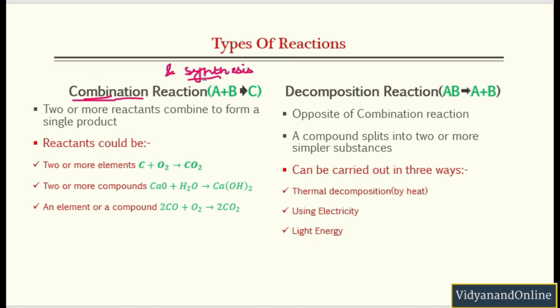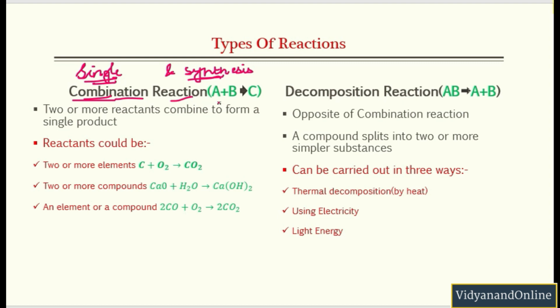Similarly, synthesis is also the production of a substance by the union of chemical elements. So in a chemical reaction we would be combining the reactants in order to form a single product. This is very important: you get only a single product, you do not get any byproducts.